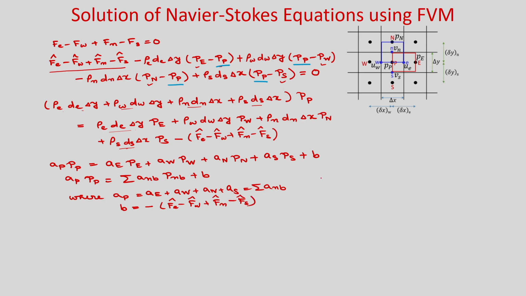And we have Ae as rho e dE delta y, Aw as rho w dw delta y, An is equal to rho n dn delta x and As is equal to rho s ds delta x.